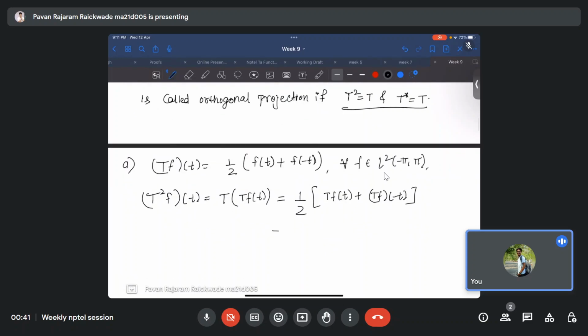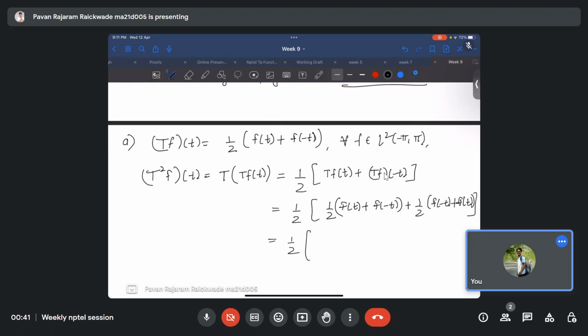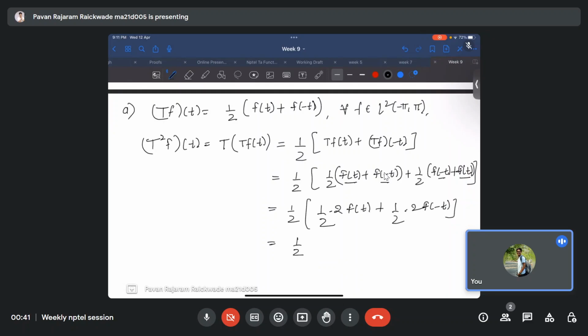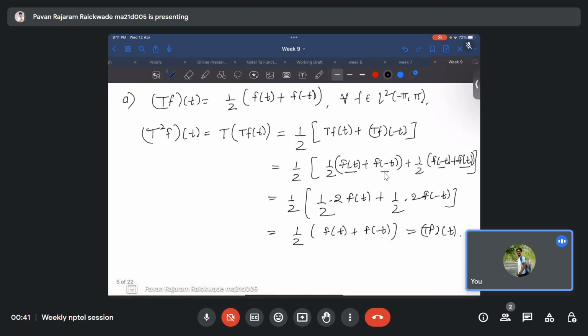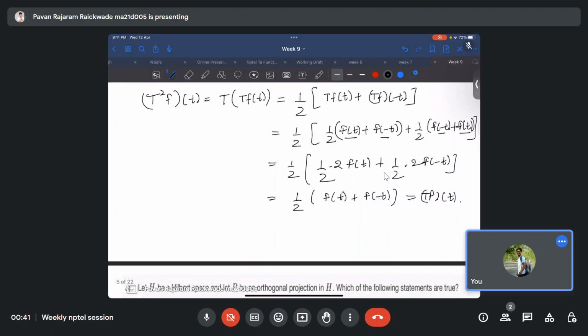Tf at t is half f(t) plus f(minus t), and Tf at minus t is half f(minus t) plus f(t). Calculating, this is half times 2 f(t) plus half times 2 f(minus t), so it is again half times f(t) plus f(minus t), which is Tf at t. So T squared is again T, because this happens for all f in L2 minus pi pi. One condition has been satisfied.